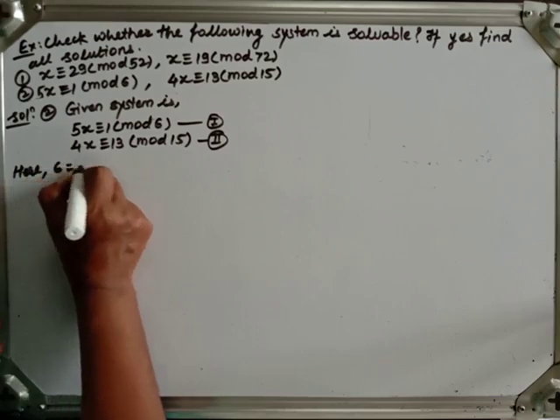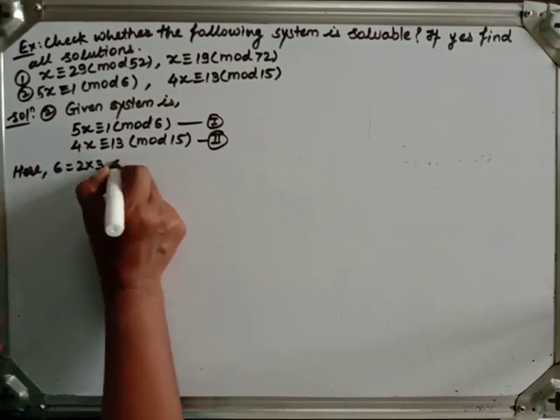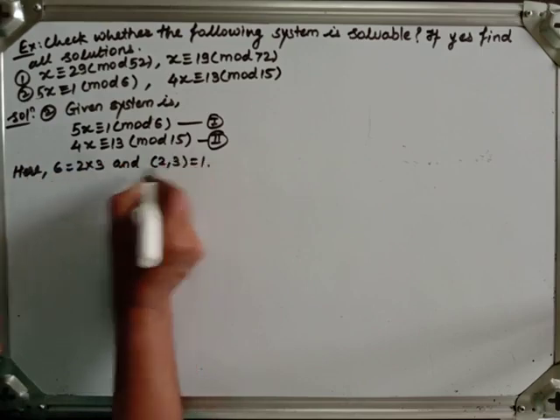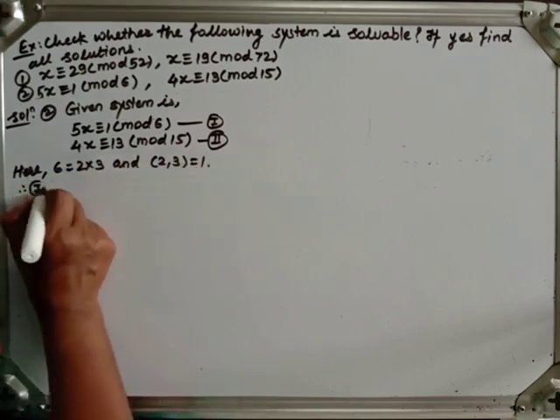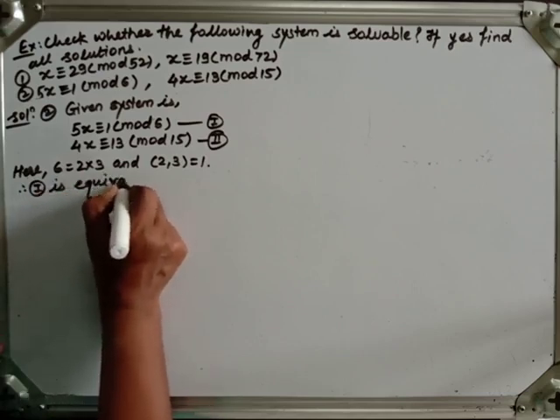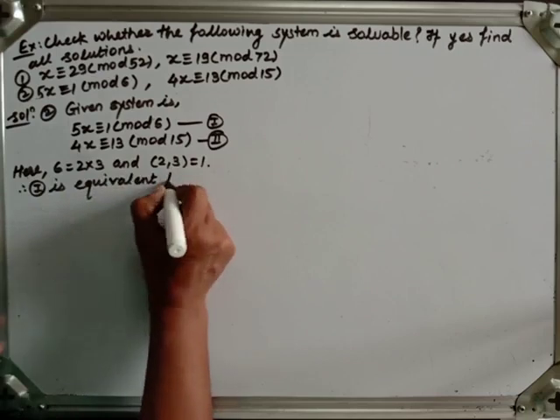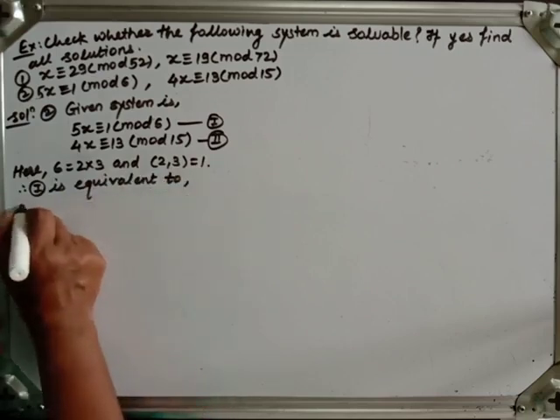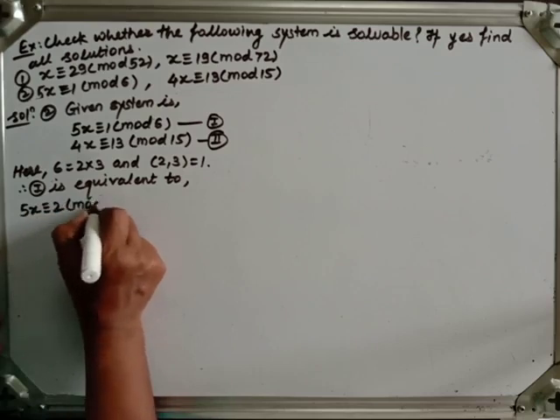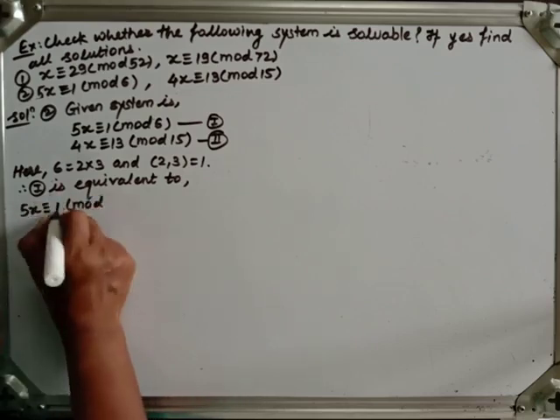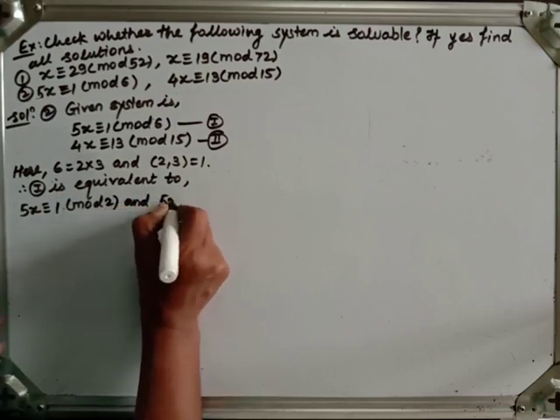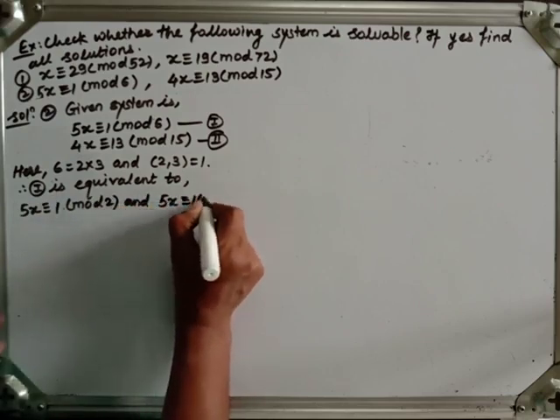Here 6 can be written as 2 into 3, and 2 and 3 are relatively prime. Therefore equation 1 is equivalent to 5x congruent to 1 modulo 2 and 5x congruent to 1 modulo 3.